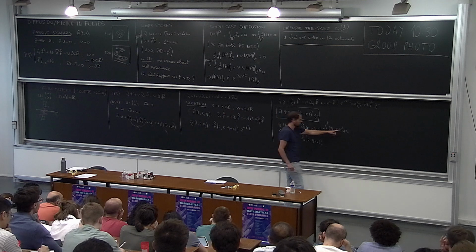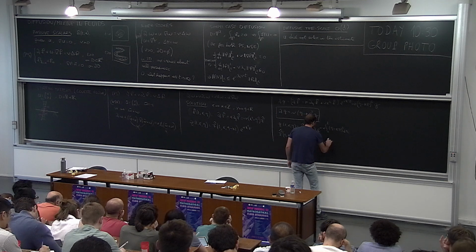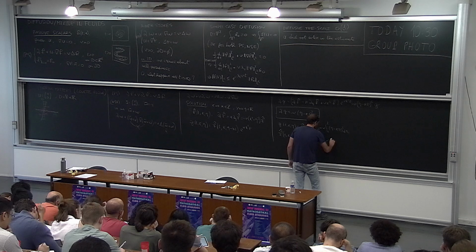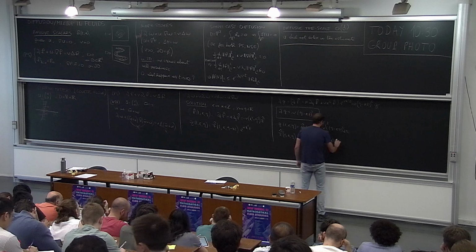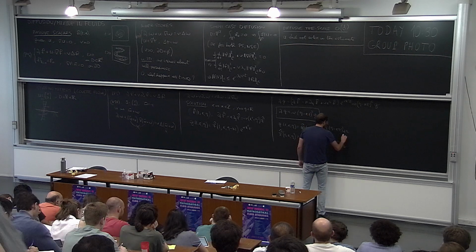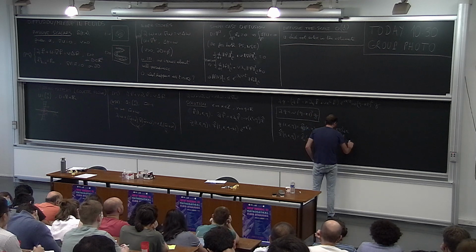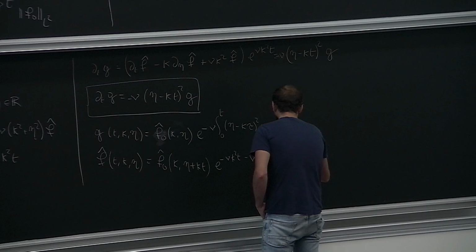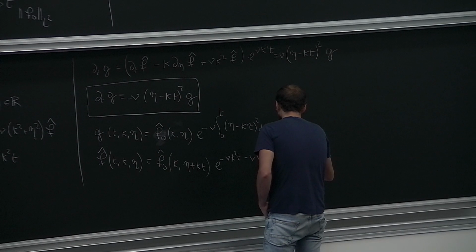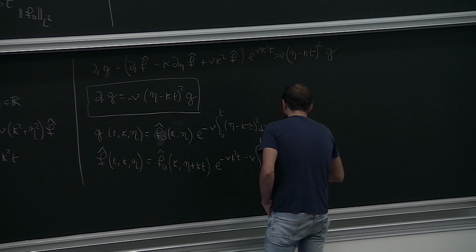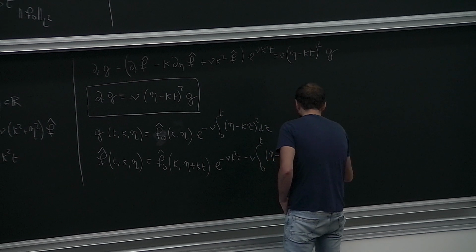And here I also get some shift. So I get e to the minus nu squared t minus nu integral from 0 to t of eta minus k tau minus t square d tau.